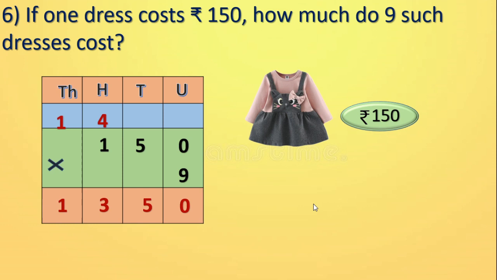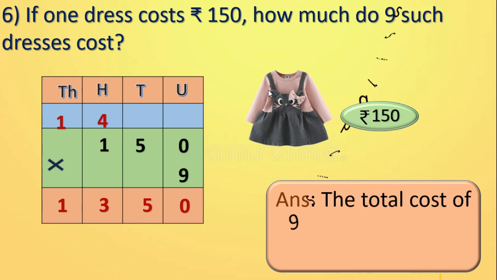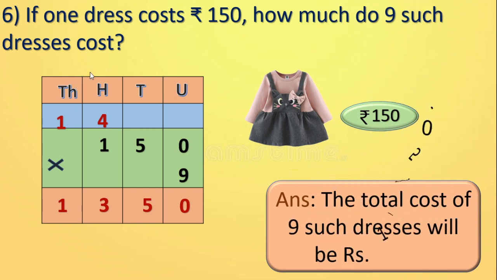Okay. Now we got the answer. Right? Means if one dress costs rupees 150, then the total cost of 9 such dresses will be rupees 1350. Right?